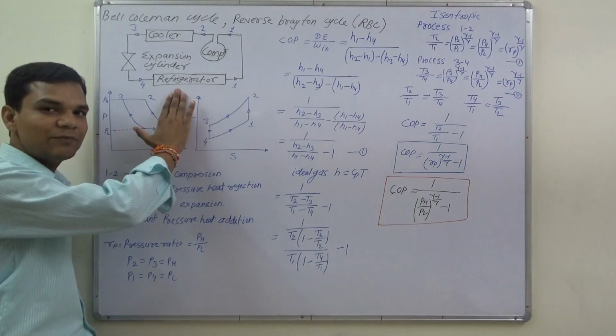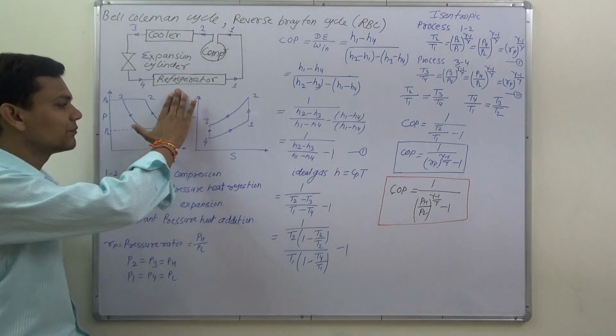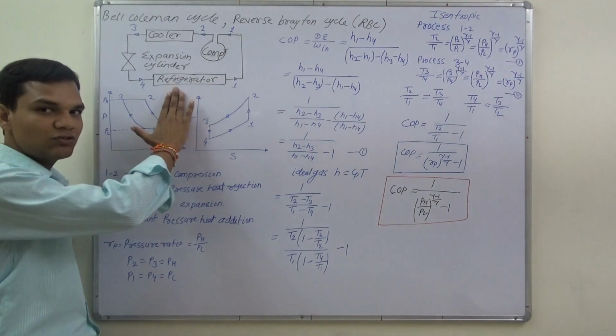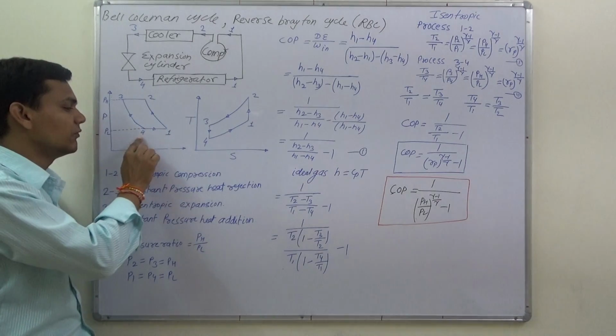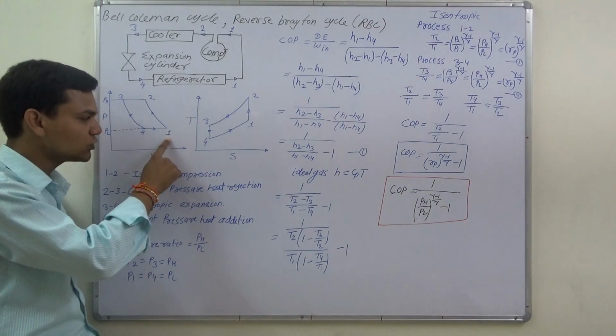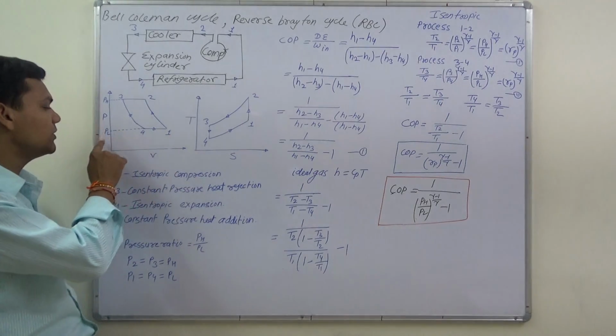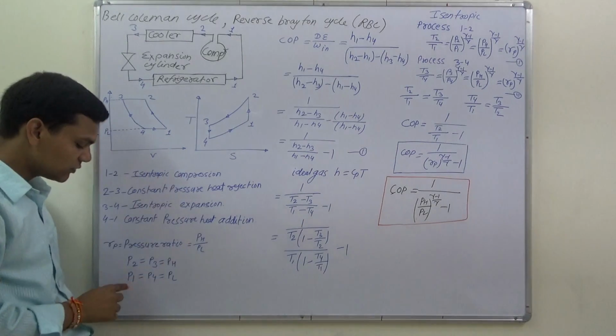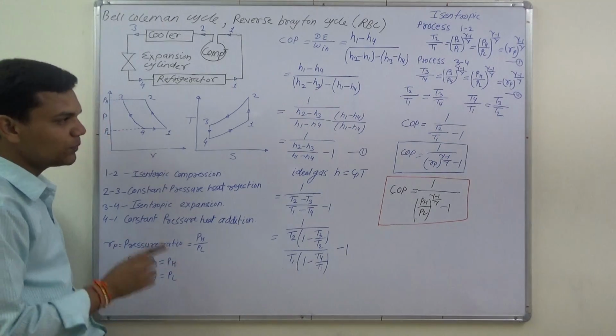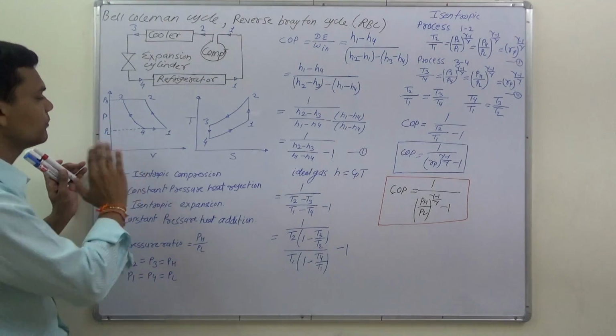We install the refrigerator where we want the desired effect; in an aircraft we install it in the cabin. In 4 to 1, pressure P4 and pressure P1 are equal, and this equals P lower. I also write P1 is equal to P4 is equal to P lower. So this is about the PV diagram.